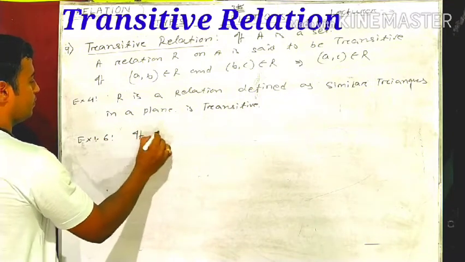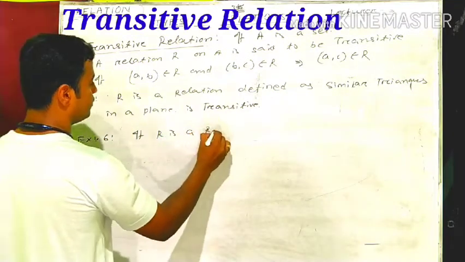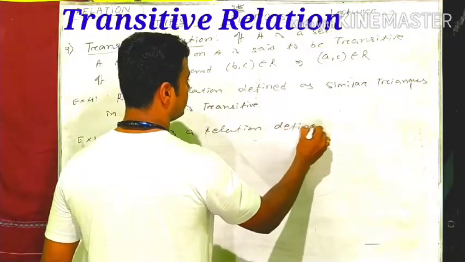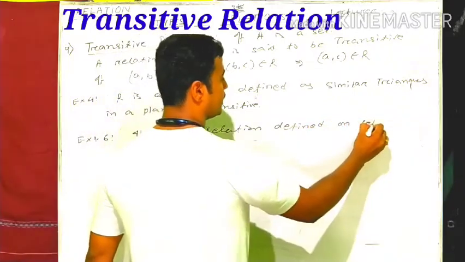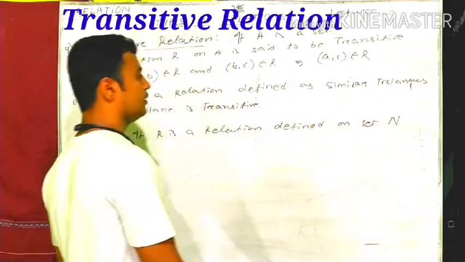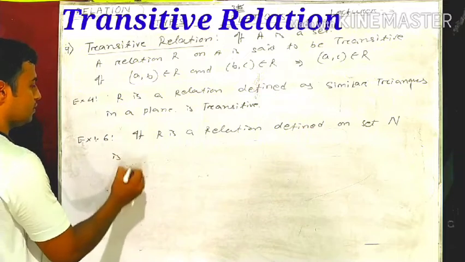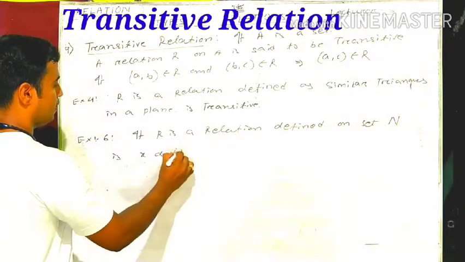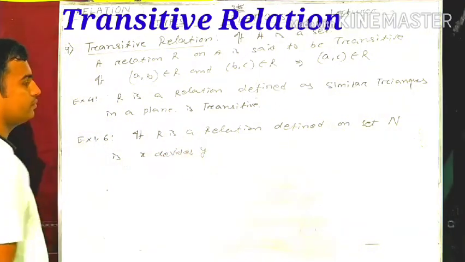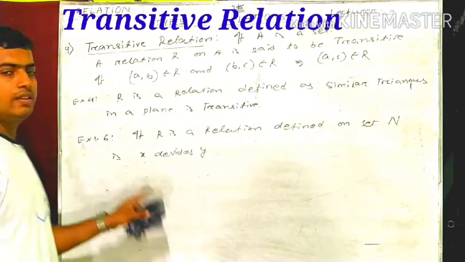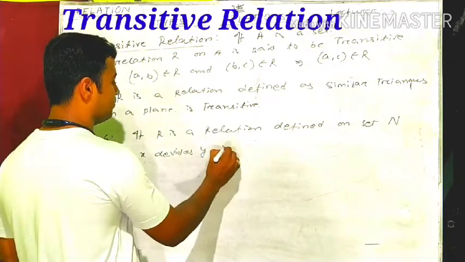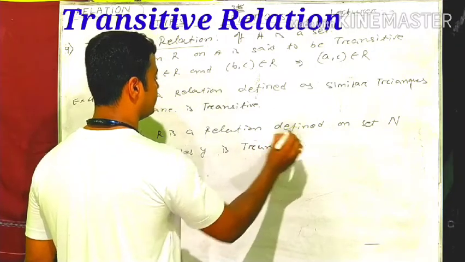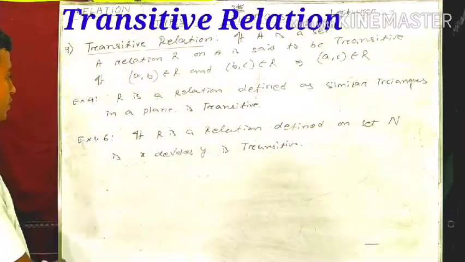If R is a relation defined on set N as x divides y, then it is transitive, because we can prove it.